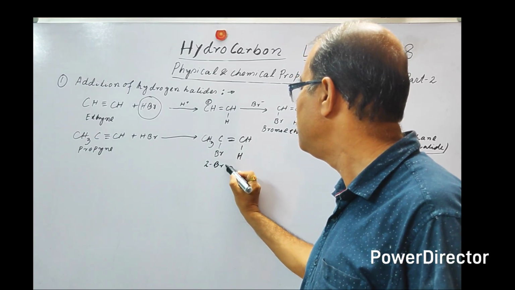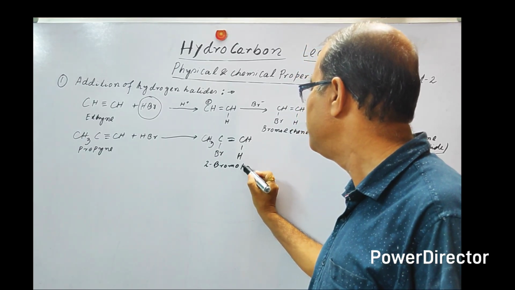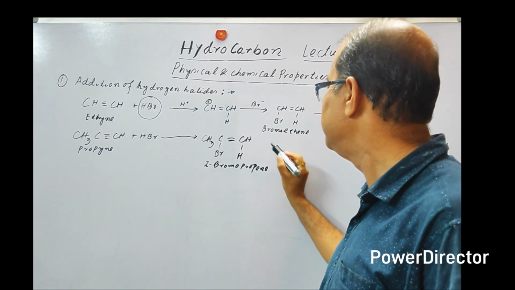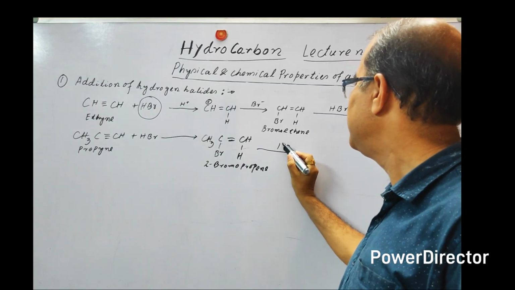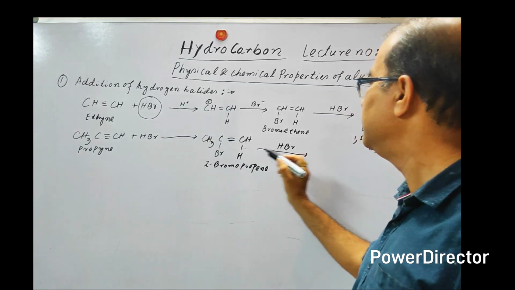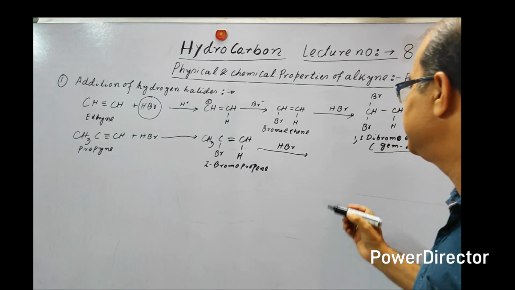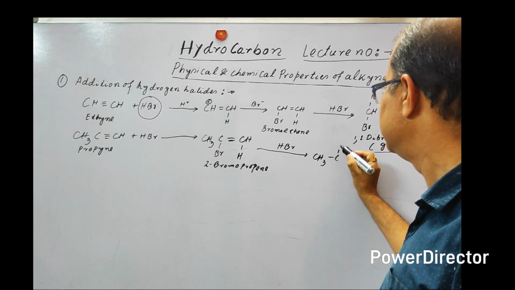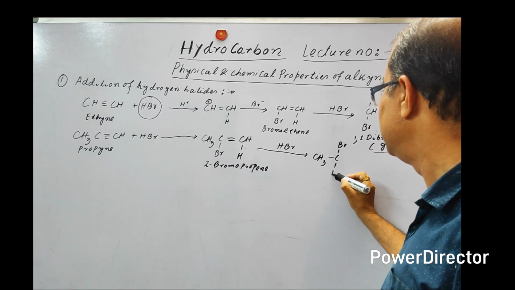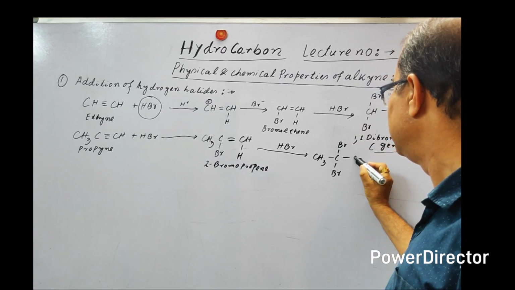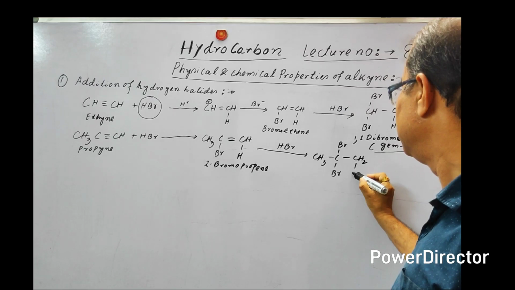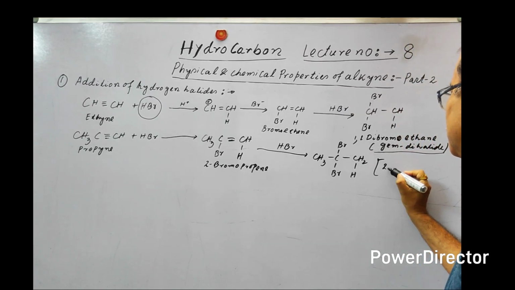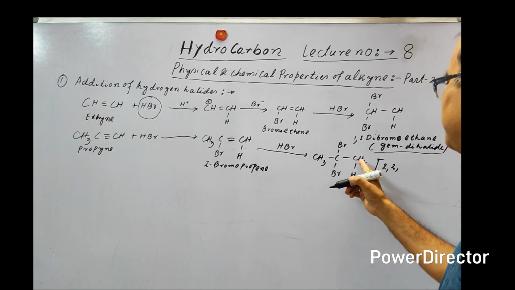So you will understand, to form 2-bromopropene, right? Then another molecule of HBr will still be added to this and it is going to produce this. That is 2,2, there is the second-number position.